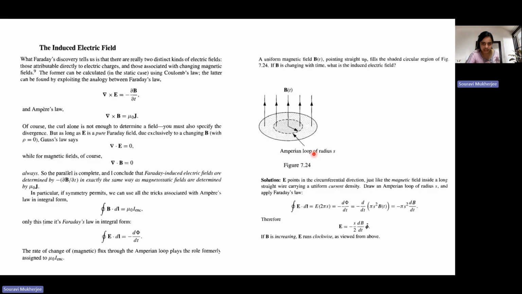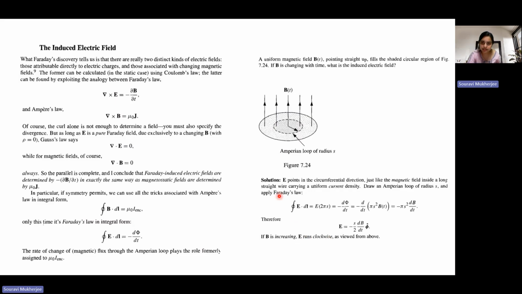The flux linked is nothing but area times the rate of change of magnetic field, so pi s squared, and then you have minus dB/dt. Now if you relate the two, you get a relation between the induced electric field and the changing magnetic field. So this is telling you that if the magnetic field is increasing, E runs clockwise, and vice versa.